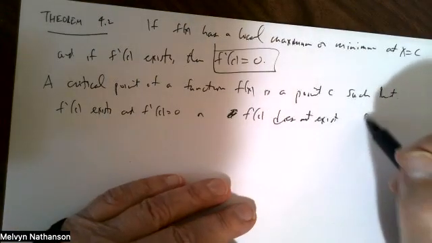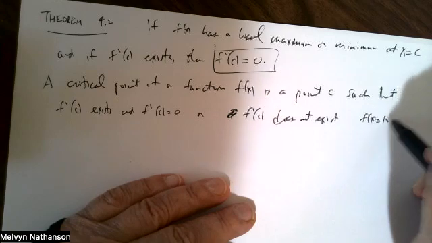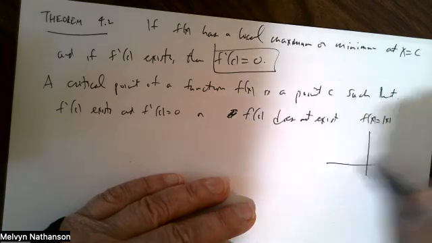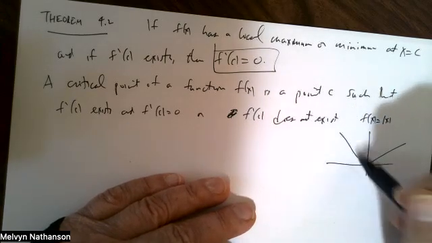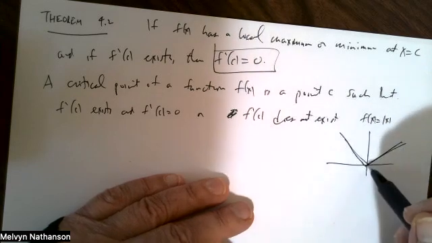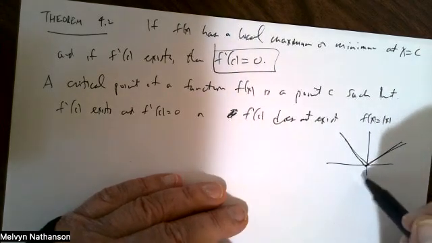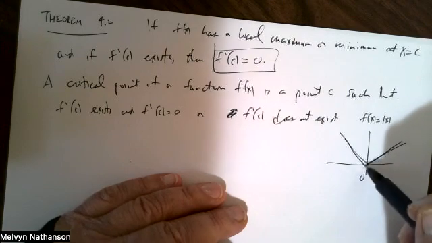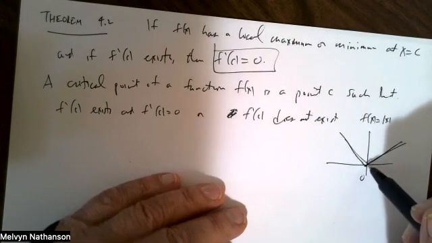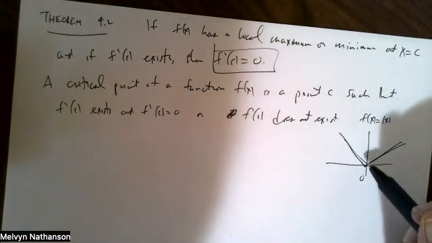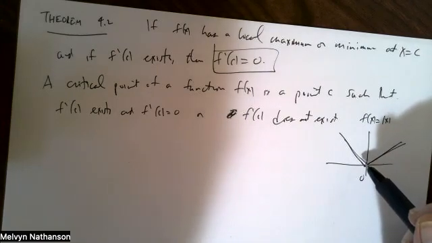So if you have a function like f of x equals the absolute value of x, the graph of that function looks like that, and there's a sharp angle at x equals 0. There's no derivative here, so x equals 0 is a critical point because it's a point where the derivative does not exist.